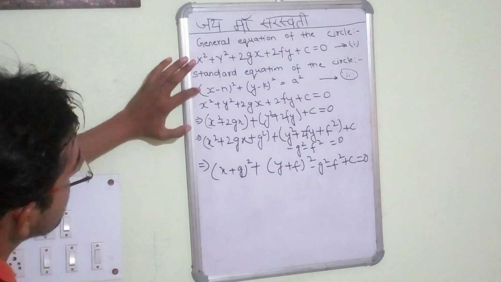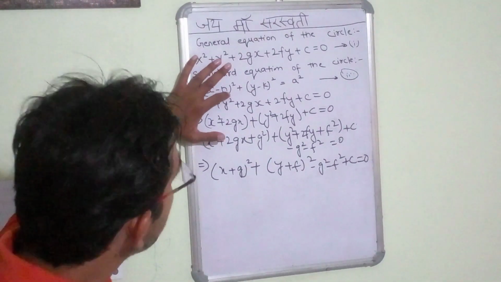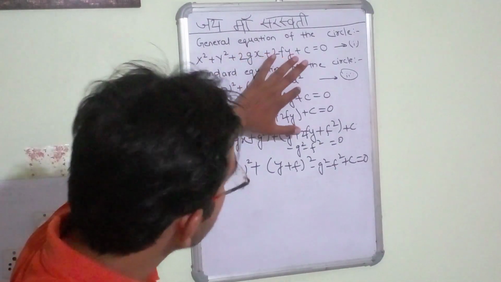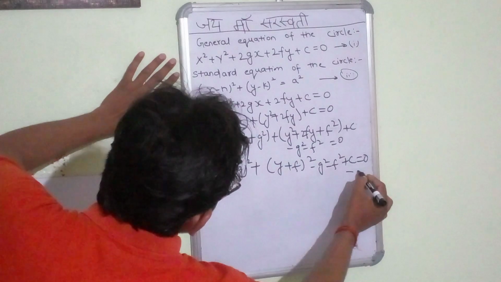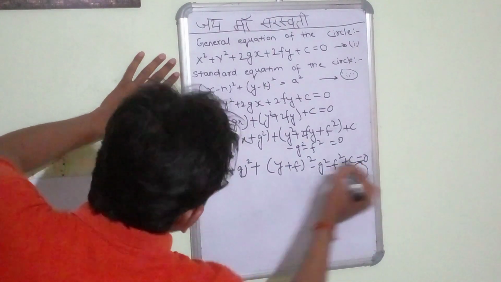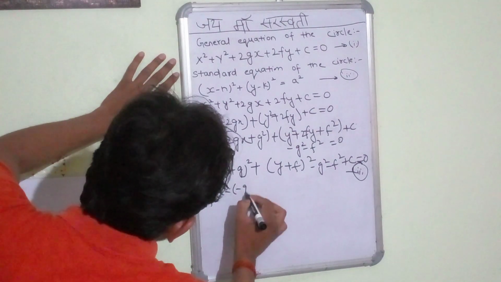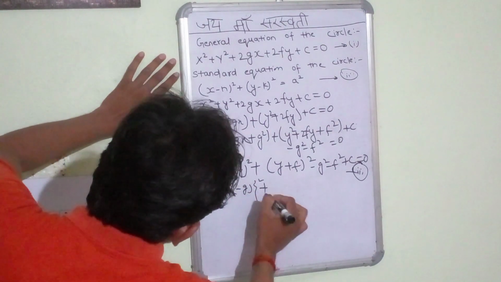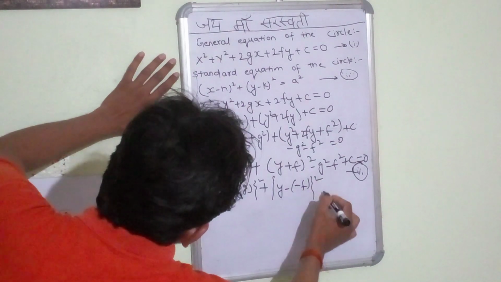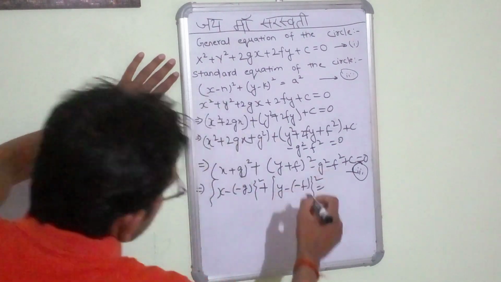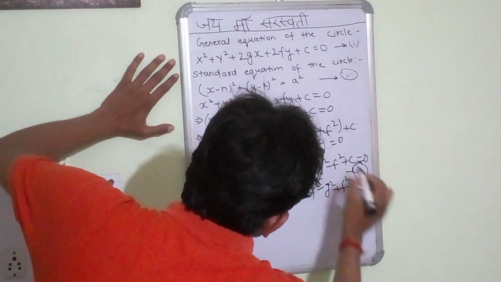Now we have seen the standard form of the equation of the circle, x minus h the whole square plus y minus k the whole square is equal to a square. Now we will be comparing equation 2 and equation 3, and we can write here x minus of minus g the whole square plus y minus of minus f the whole square is equal to g square plus f square minus c.